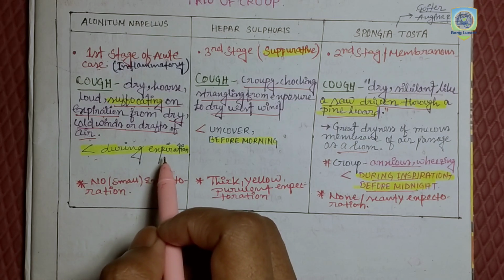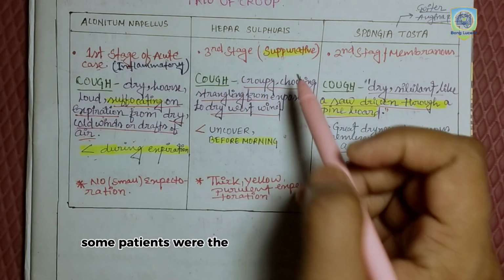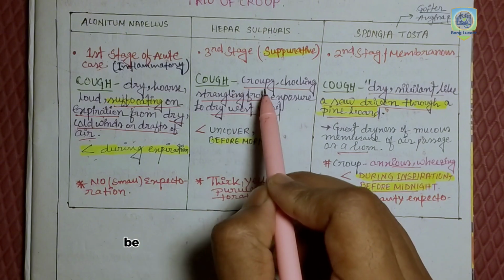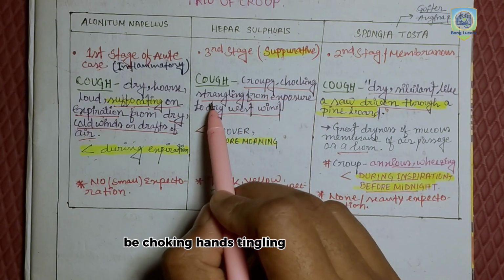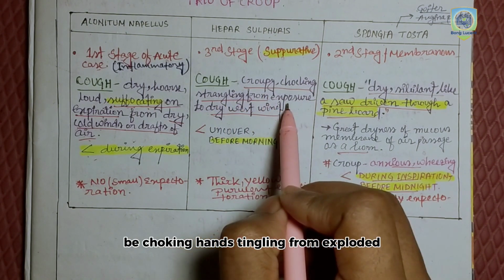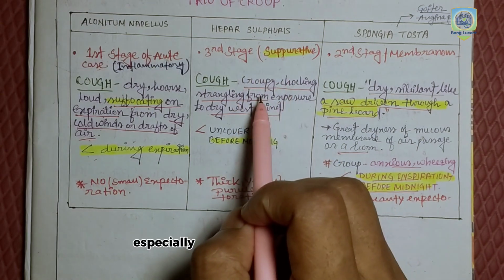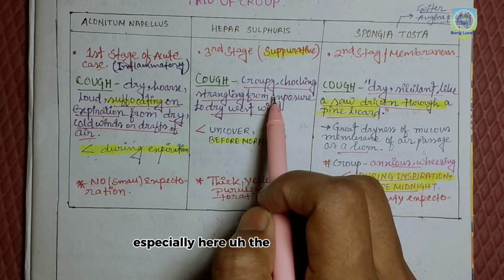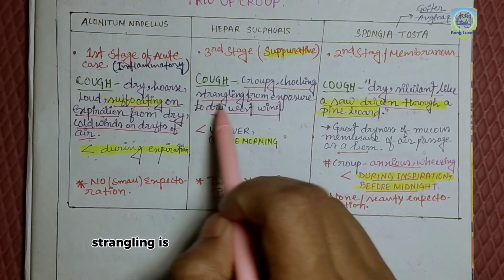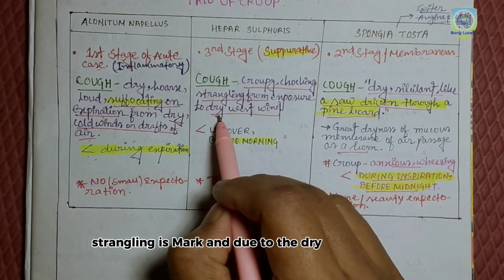In some patients the cough is croupy, choking and strangling from exposure to dry west winds. In Hepar sulph patients, the choking is marked, strangling is marked, and it is due to the dry west wind.